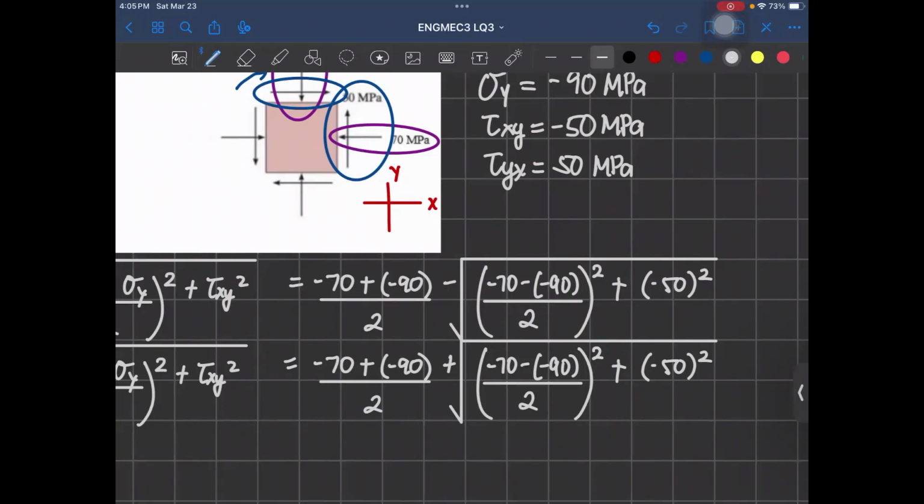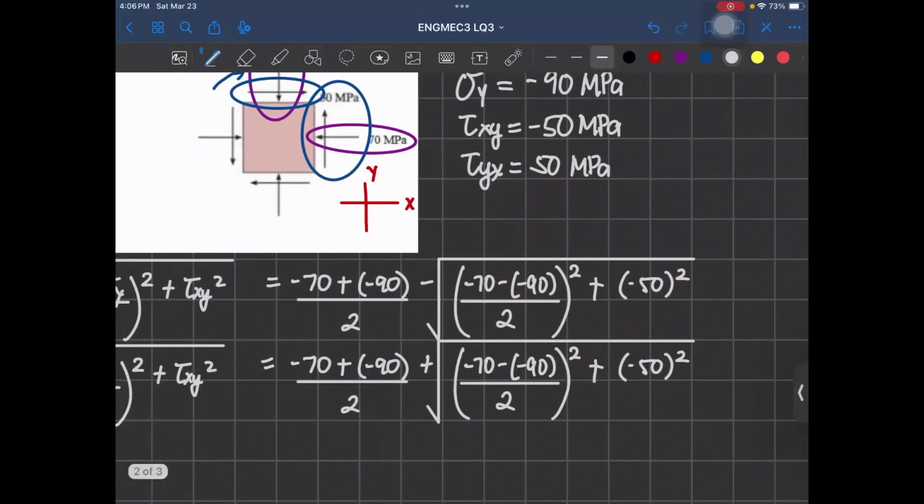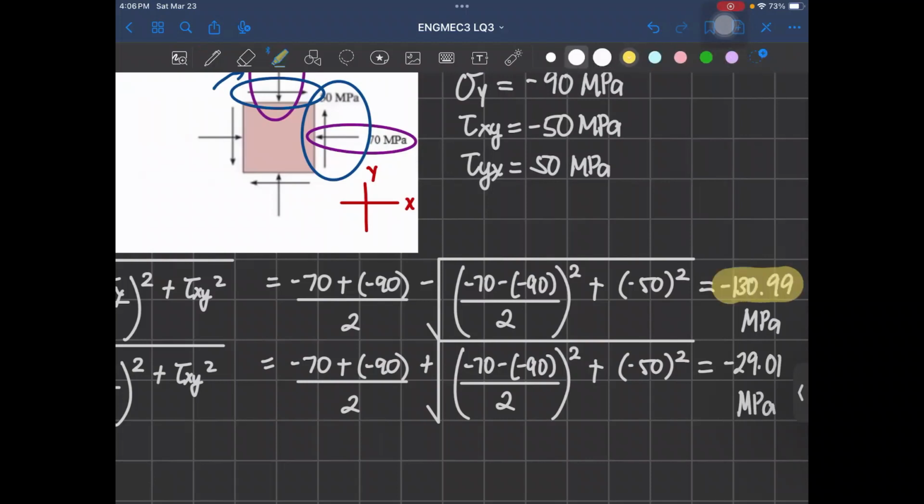Using your calculator, you would be able to get a value of negative 130.99 megapascals for the first one. And then for the second one, you would be able to get a value of negative 29.01 megapascals. So that's for the first part.